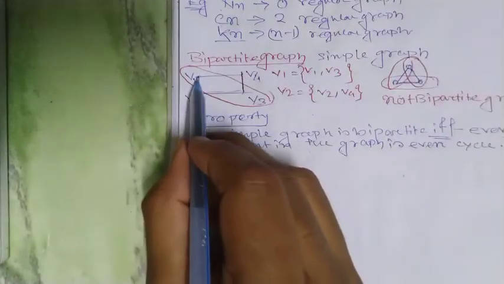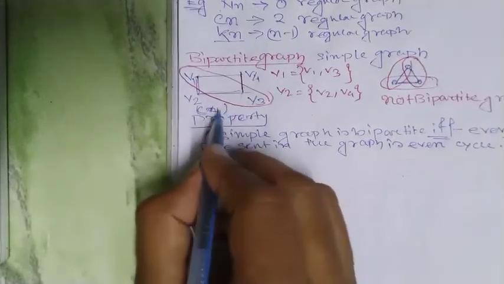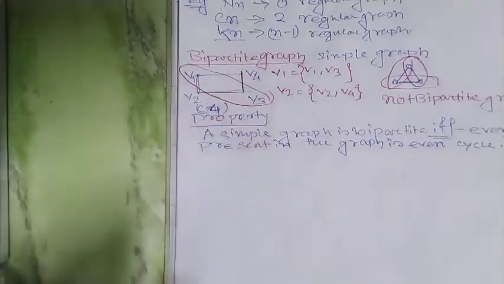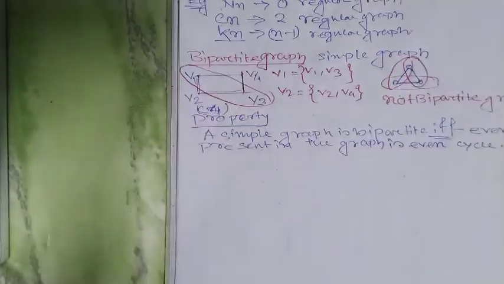Okay, like this is an even cycle because this is actually C4, that's why this is bipartite, but this is not bipartite because it is a C3 and that is an odd cycle.